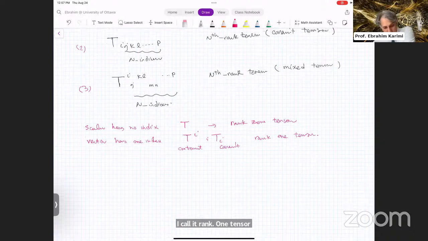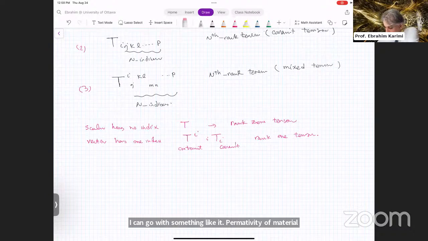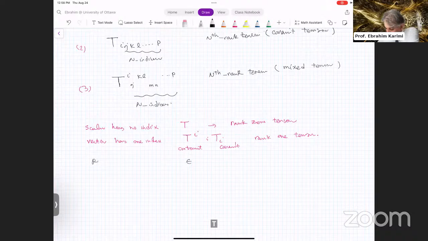I can go with something like the permittivity of a material, which is epsilon. I call it permittivity or elasticity, it is up to you, whatever you want to call it. Let's go with permittivity. Epsilon ij, or epsilon with upper indices ij, is a rank 2 tensor.